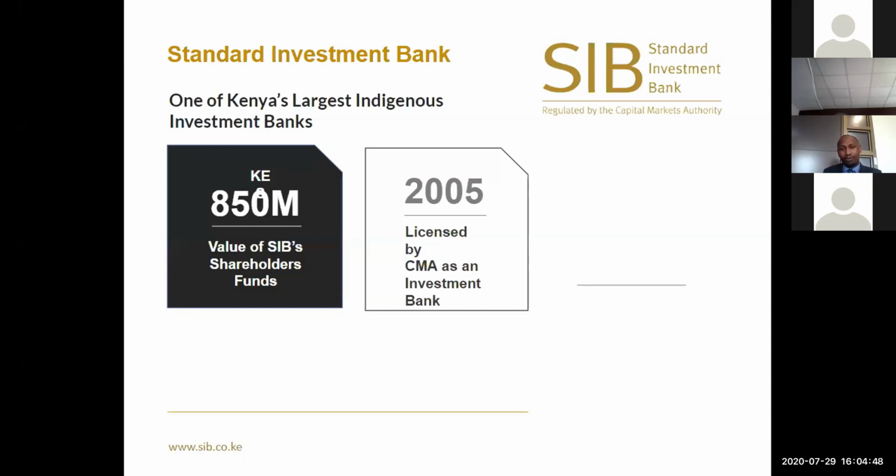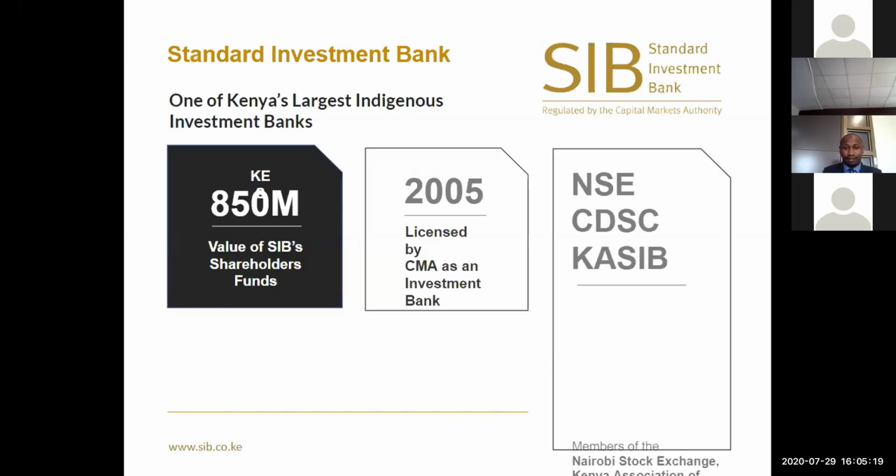So the scope for investment banking is quite wide, and what it represents is a very huge opportunity for an investor, be it a retail investor or an institutional investor, to take advantage of the expertise that is packed in investment banks. So at SIB, Standard Investment Bank, we pride ourselves in being an indigenous bank, fully owned and operated by Kenyan talent. So a few facts about SIB.